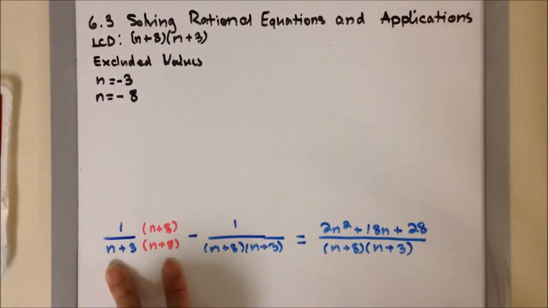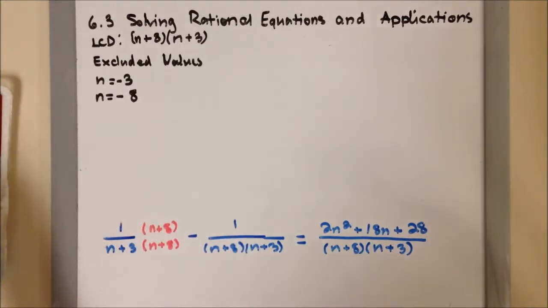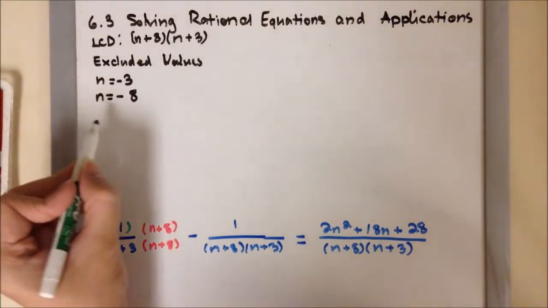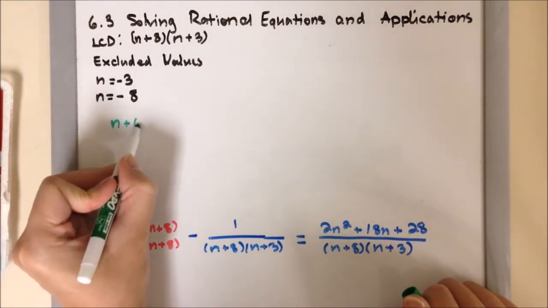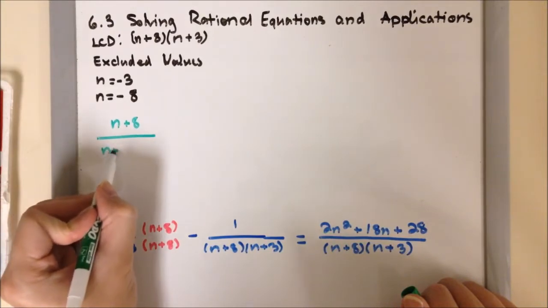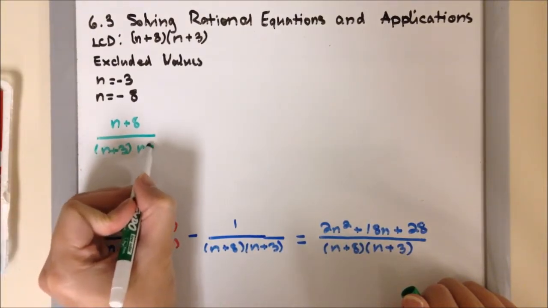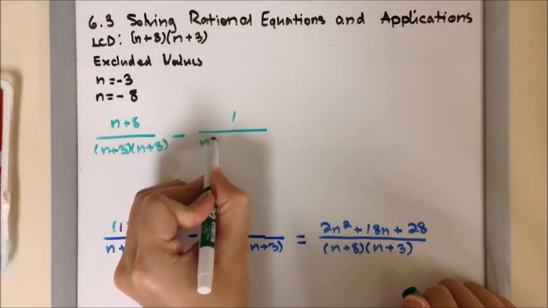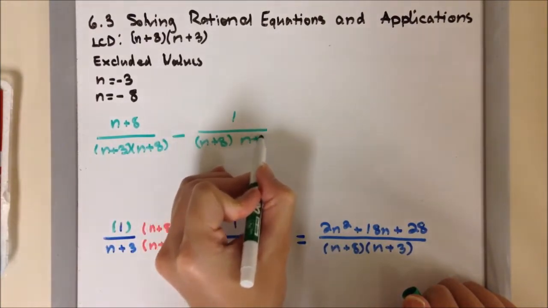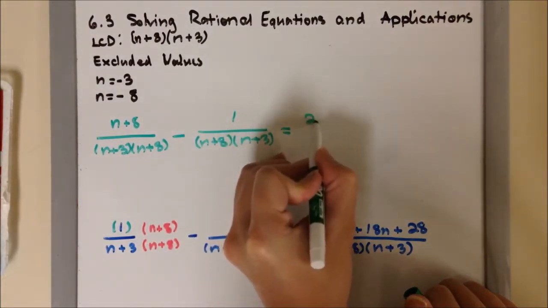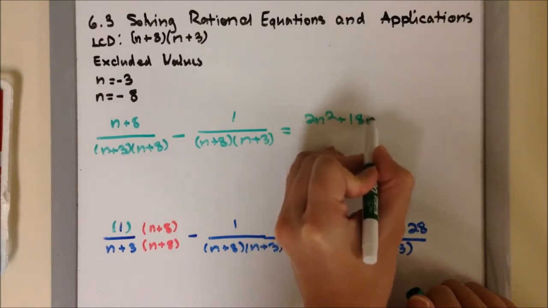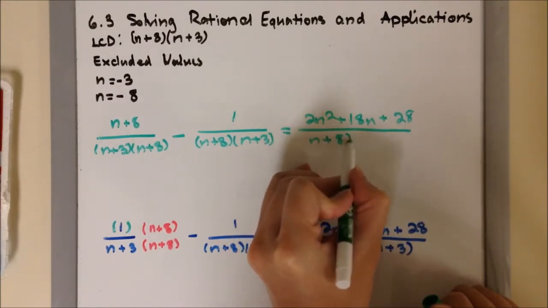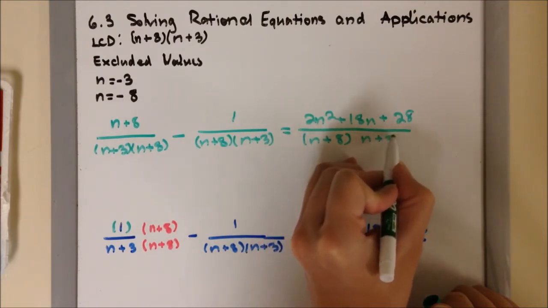Alright, so again, I mentioned that I'm only multiplying the first fraction, so when we multiply the numerator, 1 times n plus 8, on the top it will be n plus 8 over n plus 3, and then minus 1 over n plus 8 times n plus 3 equal 2n squared plus 18n plus 28 over n plus 8 times n plus 3.